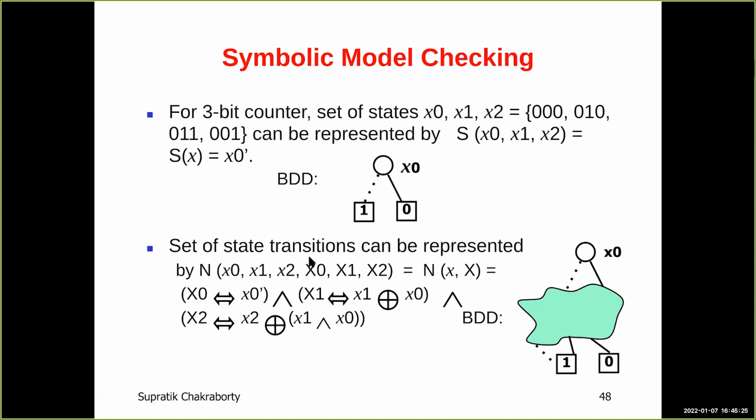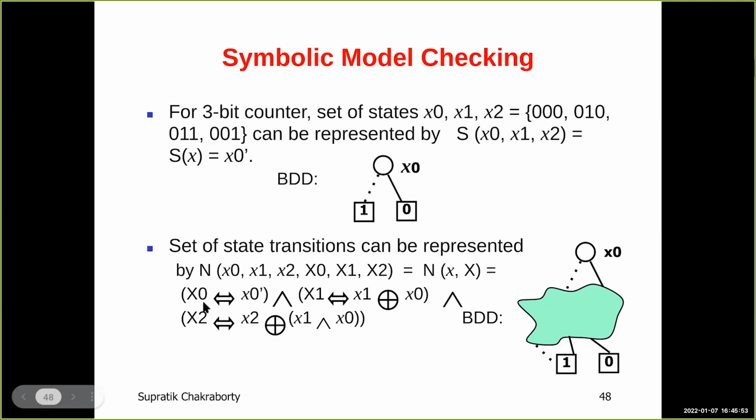Similarly, the state transitions can be represented by transitions between states, each of which has a valuation of the 3 variables x0, x1, x2. So state transitions can be represented by a formula on 6 variables, where the first 3 variables refer to the state from which the transition is happening, and the next 3 variables refer to the state to which the transition is happening, right?